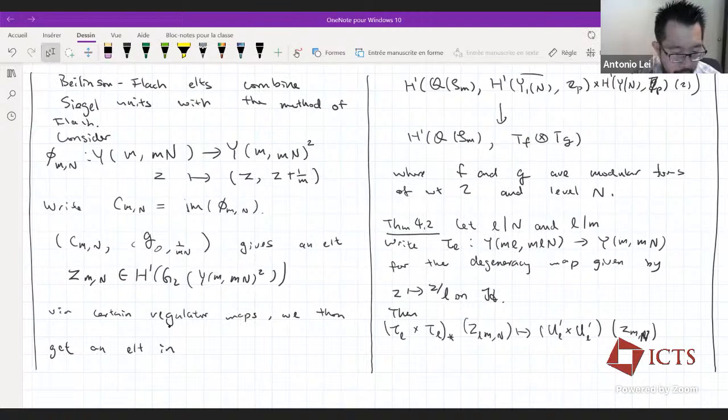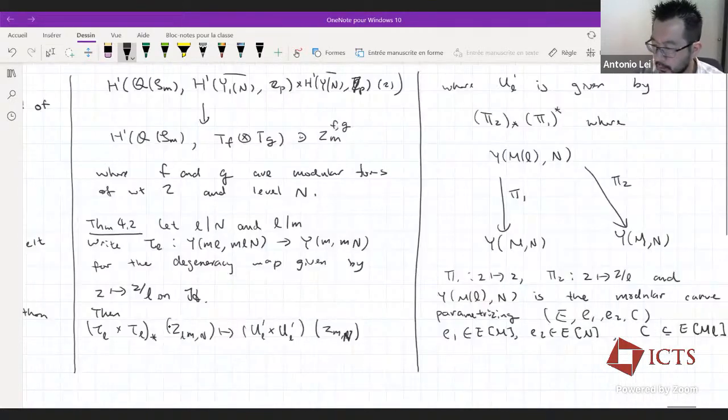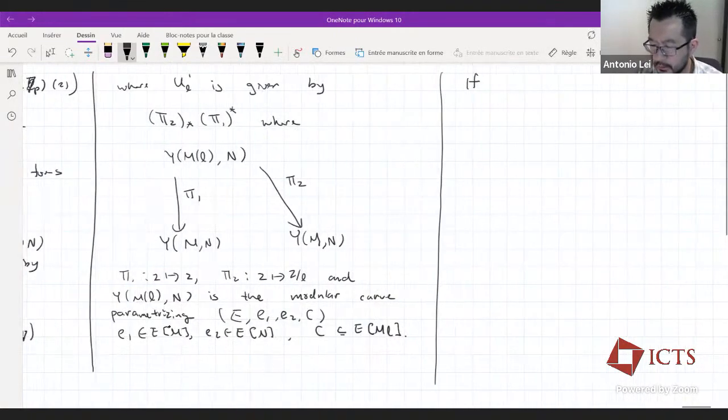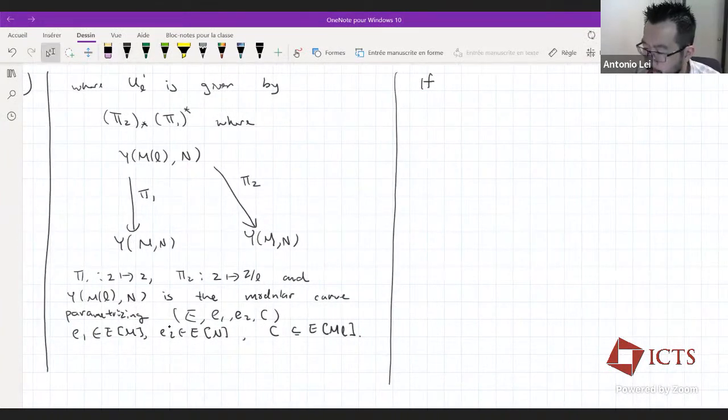So maybe I call this element z_MFG. Okay, so here, what I will actually get is, if alpha_f, and so maybe I'll write it like this.